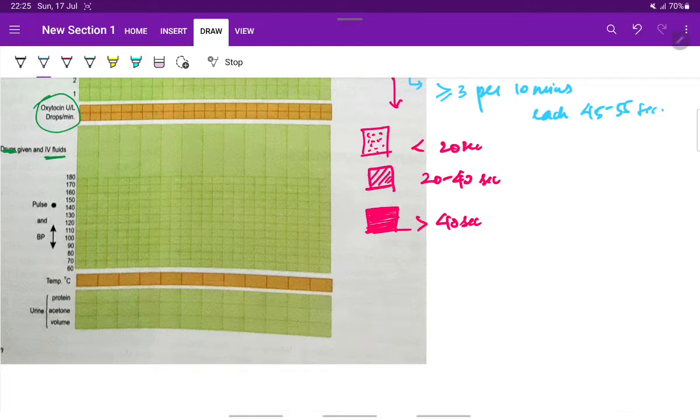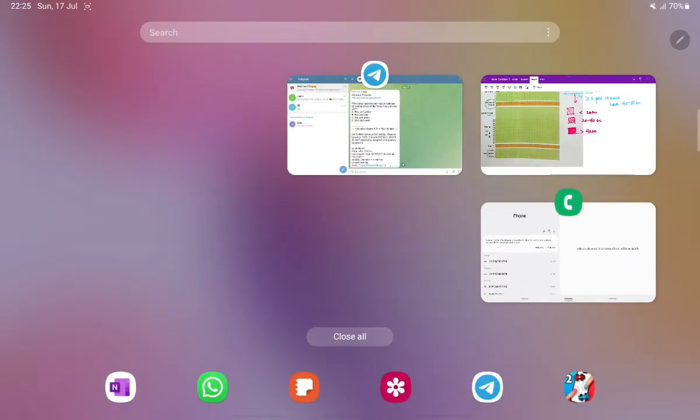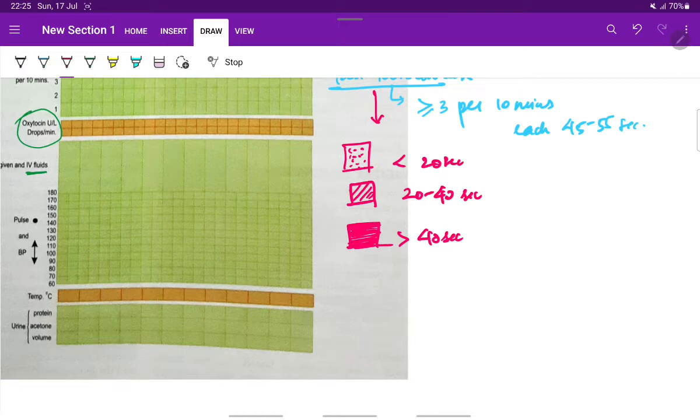Now here under this is the pulse rate of the mother, which is monitored every 30 minutes. Next, the blood pressure of the mother, monitored every 4 hours, and these are marked with arrows, whereas the pulse rate is marked with a dot.